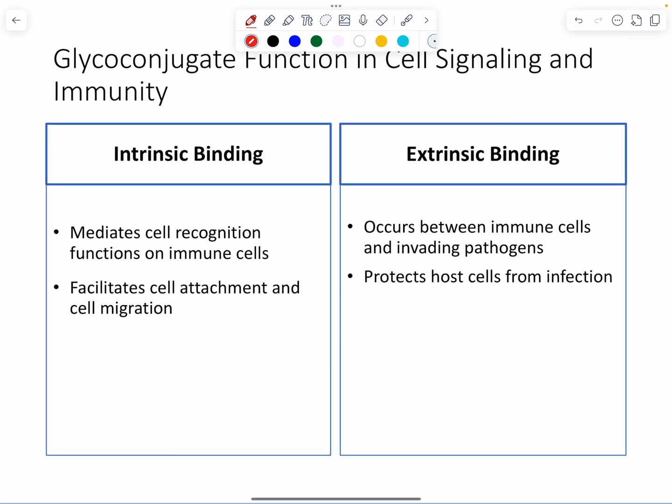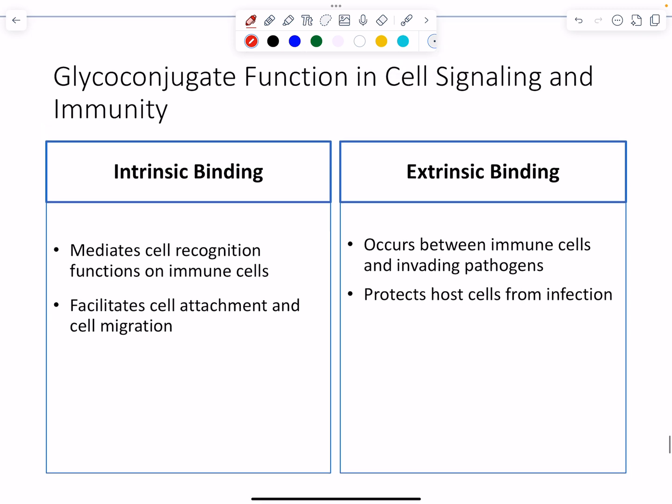Okay, so now let's finish up our discussion by talking about glycoconjugate function in specific recognition processes. Those are going to be cell signaling and immunity, but again, both of these fall into the specific recognition function category.